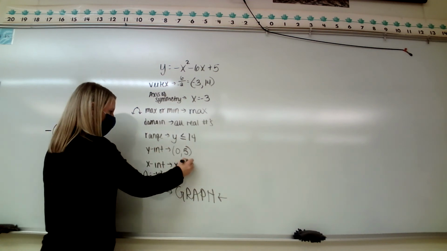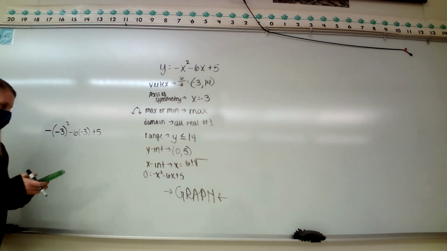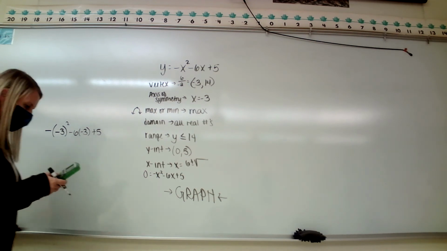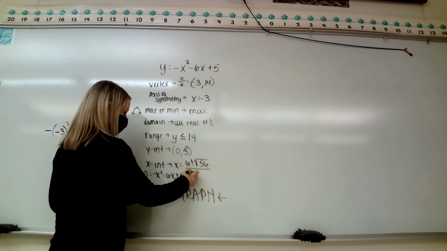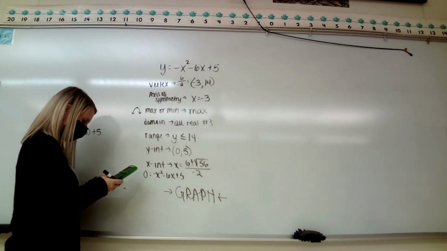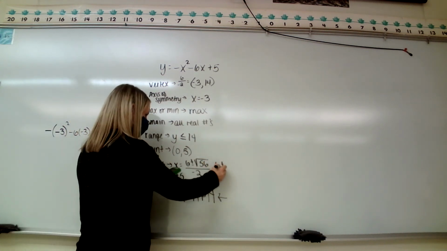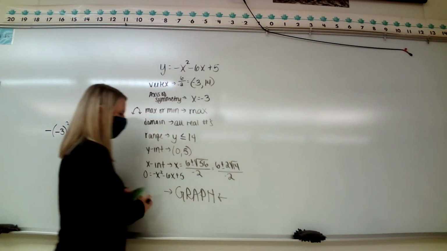So that's negative b plus or minus. Let me find out my discriminant. My discriminant is 56. That would be over negative 2. That's divisible by 4, so that would be 6 plus or minus 2 root 14 over negative 2.